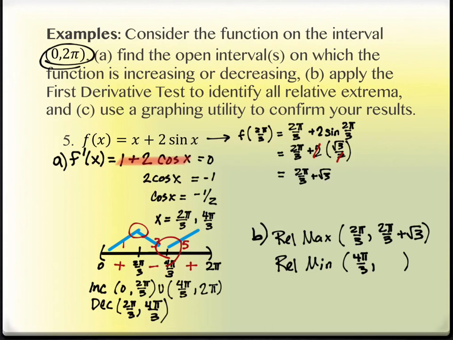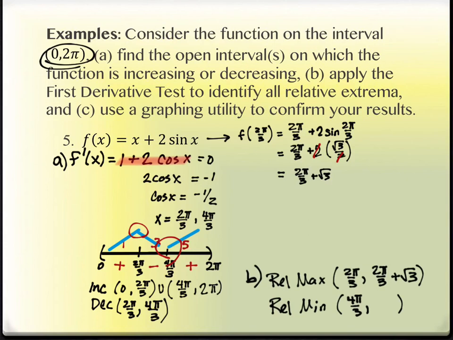The value at 4 pi thirds is very much similar. So if I do this at 4 pi over 3, I have 4 pi over 3 plus 2 sine of 4 pi over 3. And it's not the same value, but it's similar. So what's the sine value at 4 pi over 3?